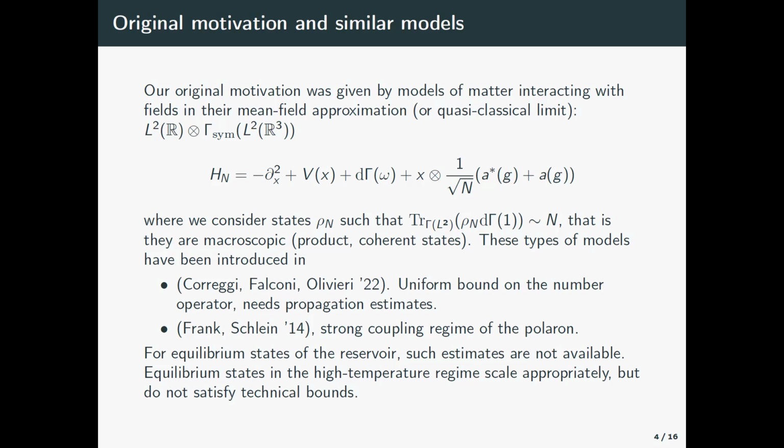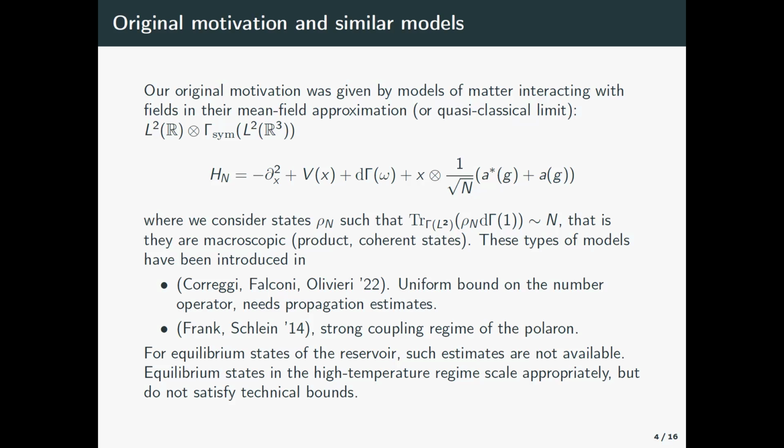If one considers, for example, a simplified Hamiltonian given by the dipole approximation of a particle interacting with a bosonic field, scaled in a mean field way, in the sense that the creation and annihilation operators are scaled with the square root of the number of operators, one can consider this kind of mean field approximation, called the classical limit. One considers a very weak interaction, but macroscopic states. Macroscopic state means the expectation scales with the number, for example product states and coherent states.